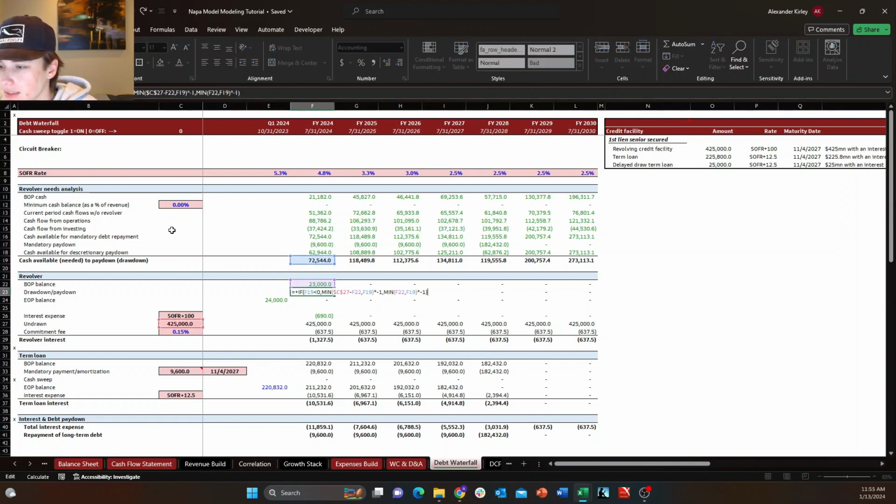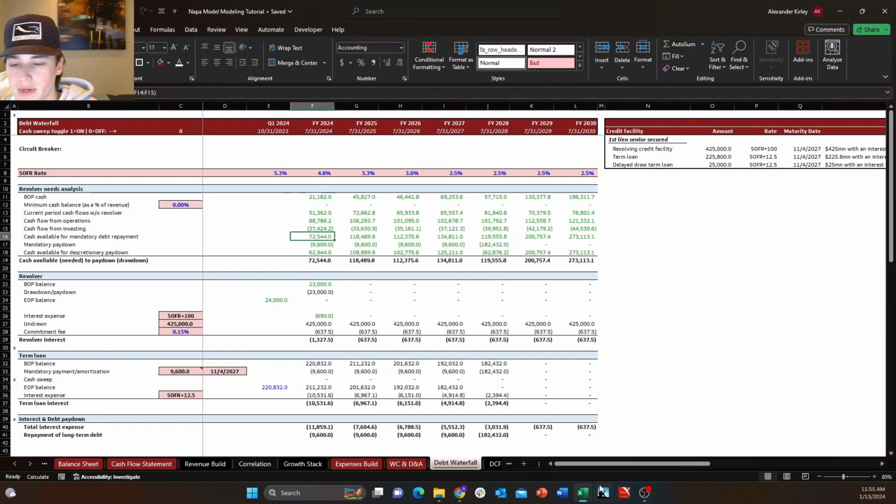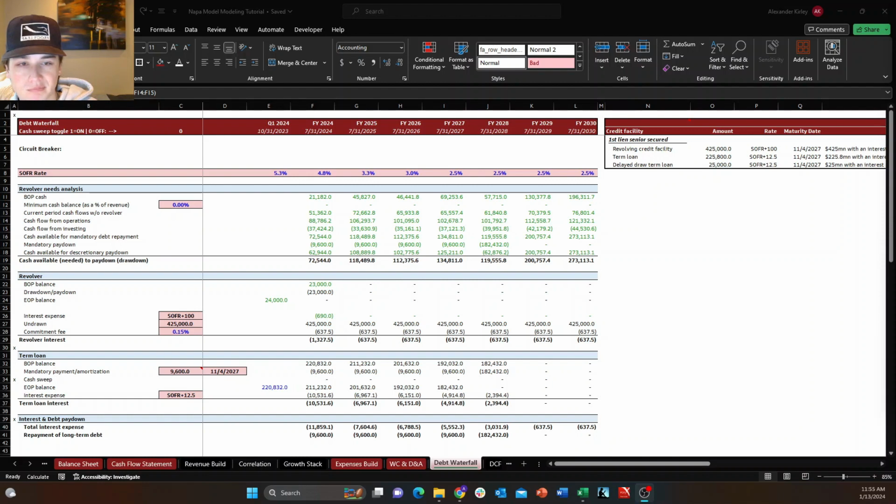The whole idea here is that we want to alter our line items that are referencing our cash needed for pay down or drawdown, and put in cash available for discretionary pay down or cash available for mandatory debt repayment.